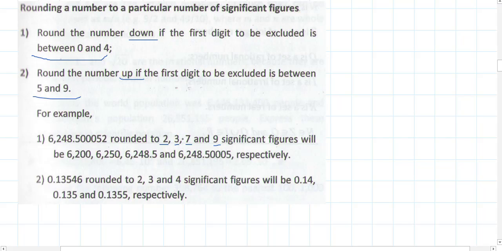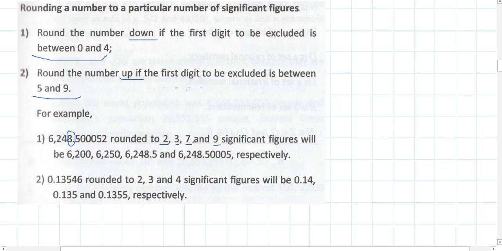If it is 3 significant figures, we have 1, 2, 3, and we consider the next one, which is 8. Since it is 8, we need to round up. So it will be 6,250.